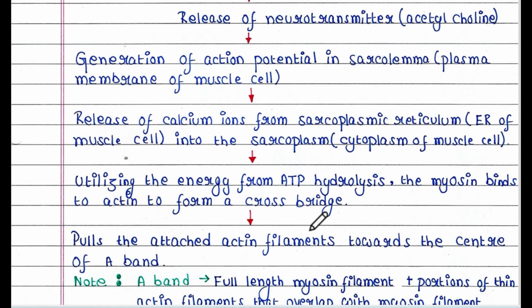Now, after the release of calcium ions, myosin binds to actin to form a cross bridge and utilizes energy from ATP hydrolysis. I hope you remember that actins form thin filaments and myosin forms thick filaments.